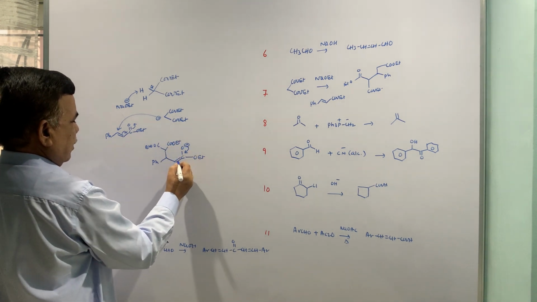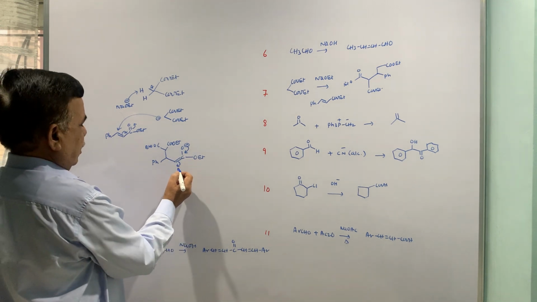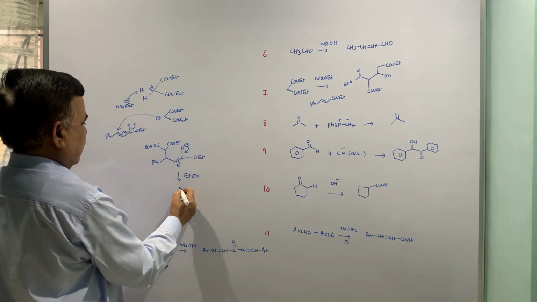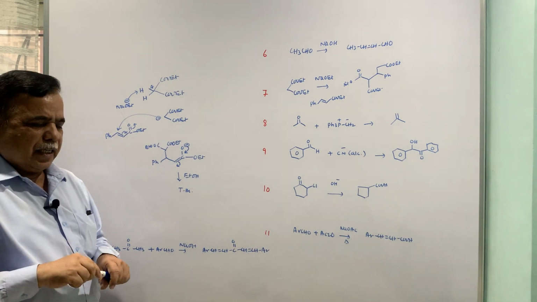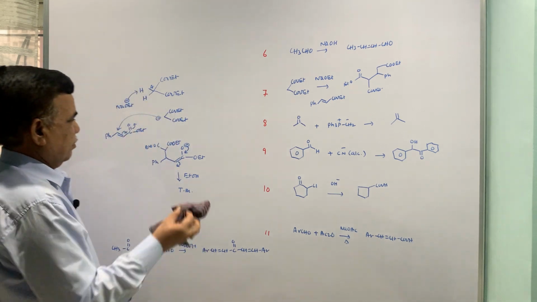Finally, this takes a proton from ethanol and you get the target molecule. So this is Michael addition, conjugate addition, 1,4 addition, whatever you say, all those terms are correct.